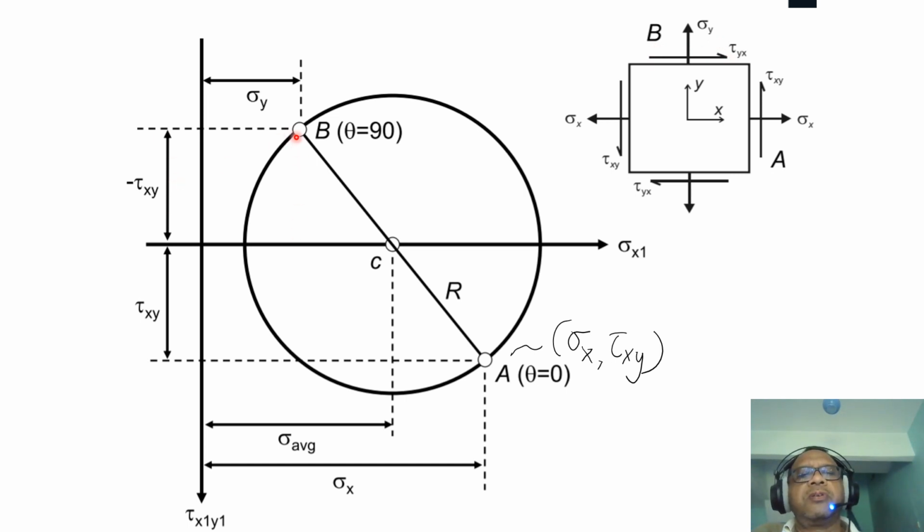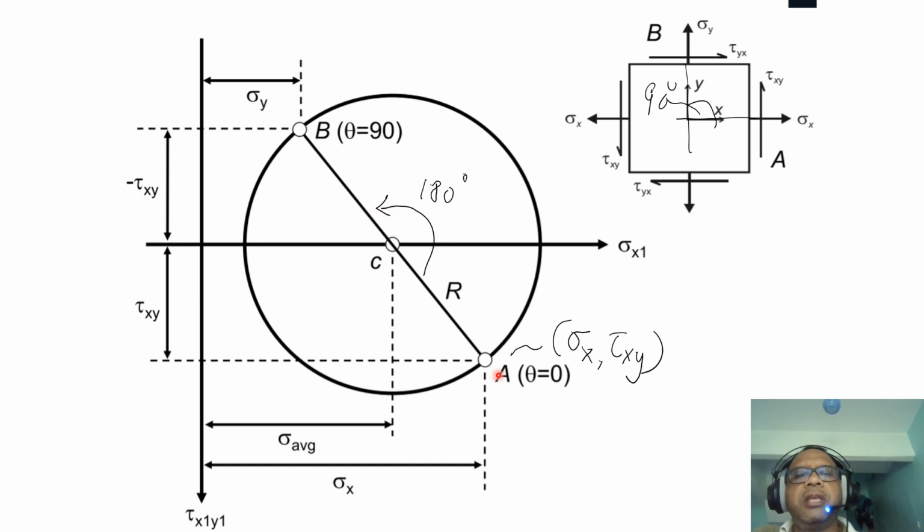Here on the top you've got B, and the difference of angle theta here, what is the angle here? This is 180 degrees. And this is similar to 90 degrees. If you plot this theta here, it is 90 degrees. So it's 2 theta from here to theta. Here is 90 degrees. 90 times 2 is 180 degrees.